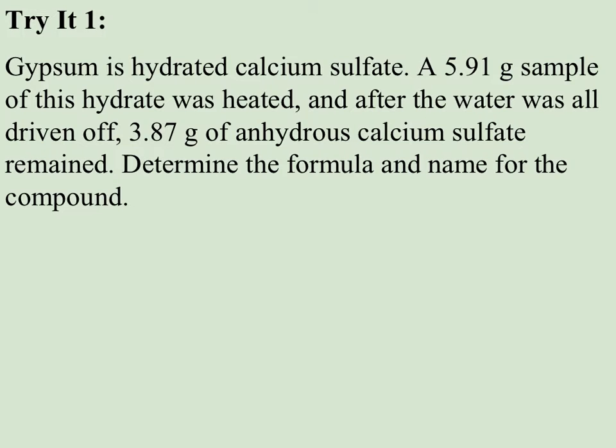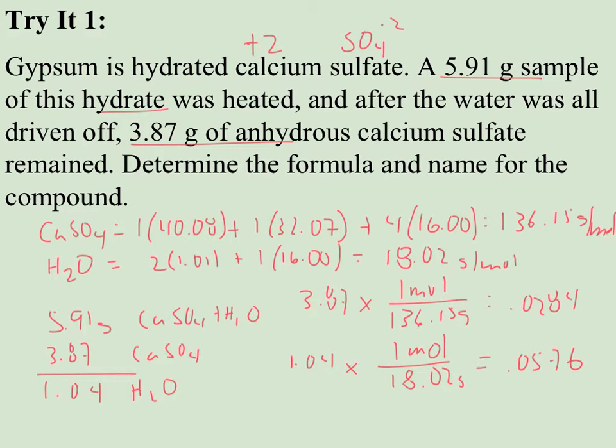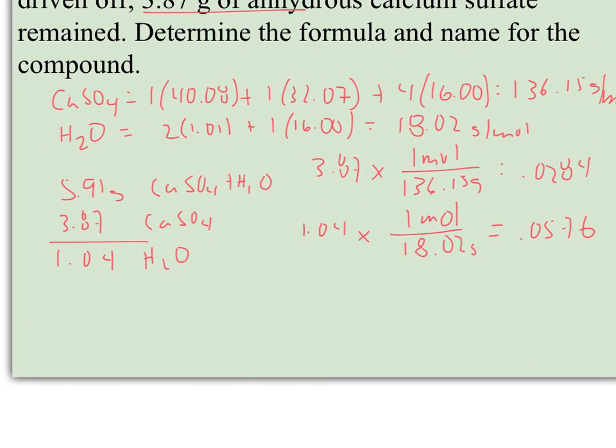The water had a mass of 1.04 and can be converted with the equality that 18.02 grams is a mole of water. So 1.04 divided by 18.02 gives me 0.0576. So now that I have my 2 molar amounts, I need to go ahead and compare them.